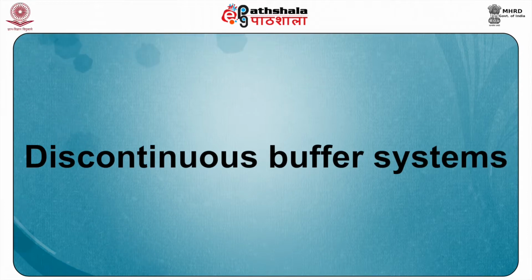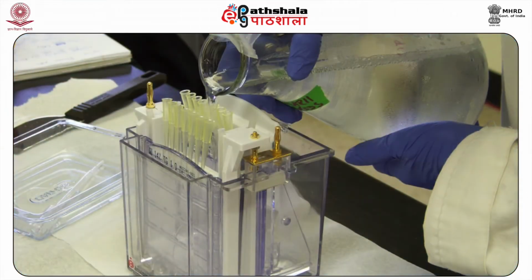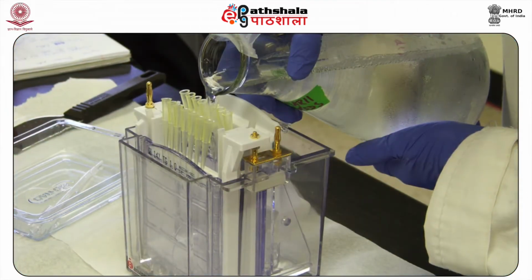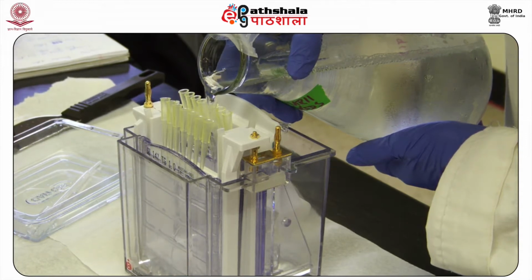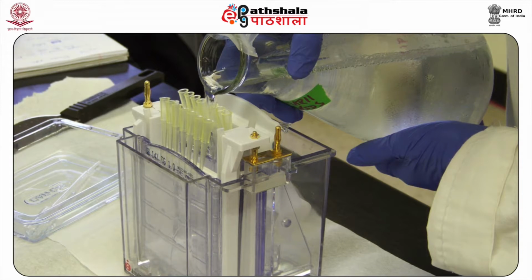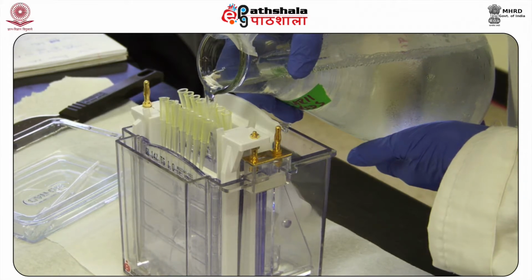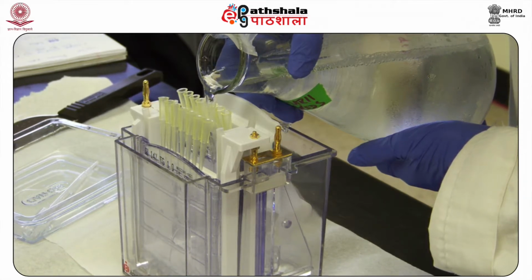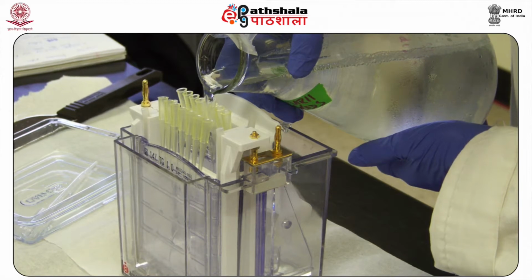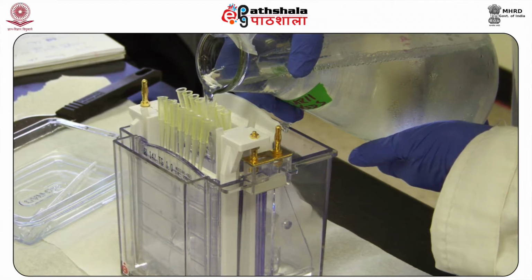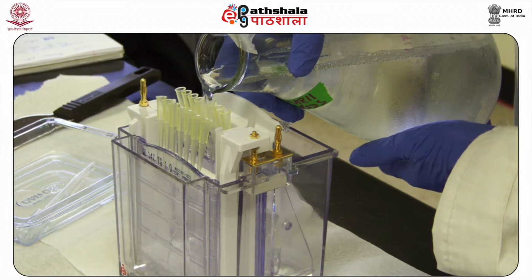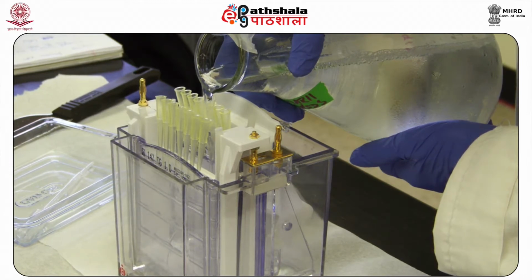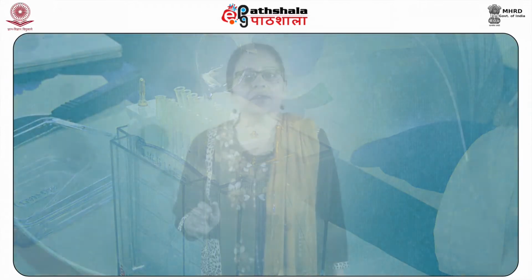Discontinuous buffer systems use a gel separated into two sections, a large pore stacking gel on top of the small pore resolving gel, and different buffers in the gel and electrode solutions. Proteins migrate quickly through the large pore stacking gel, and then after entering the small pore resolving gel, they are slowed down.